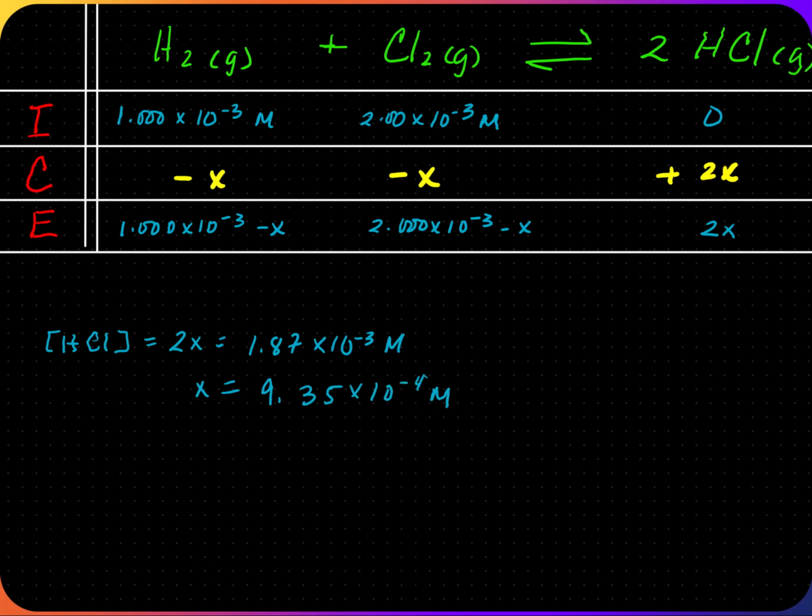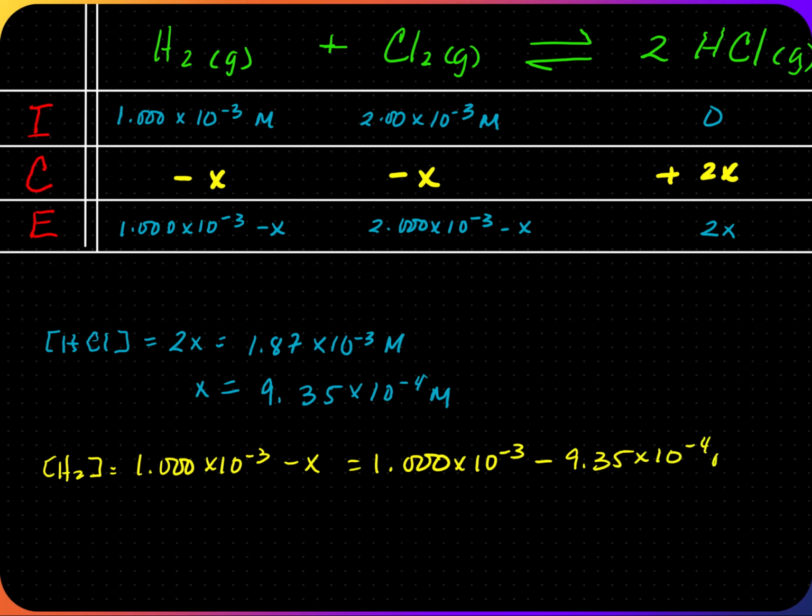So if I plug this in, H2 at equilibrium is equal to 1.000 times 10 to the negative third minus x, which is 1.000 times 10 to the negative third minus 9.35 times 10 to the negative fourth molar. This equals 6.5 times 10 to the negative fifth molar.